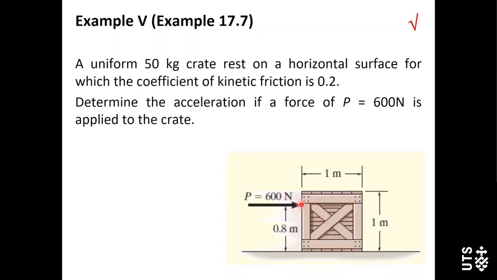When you push this crate here, probably this crate will not get a translation to move forward, but get a rotation, a tip. A rotation about this corner point. So actually there are two possibilities.